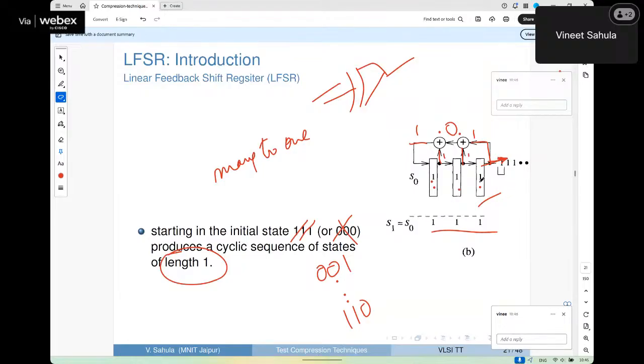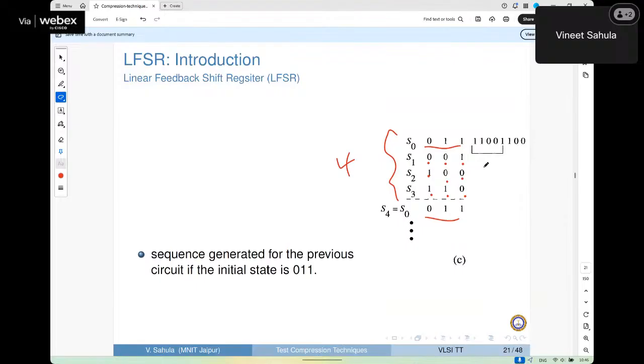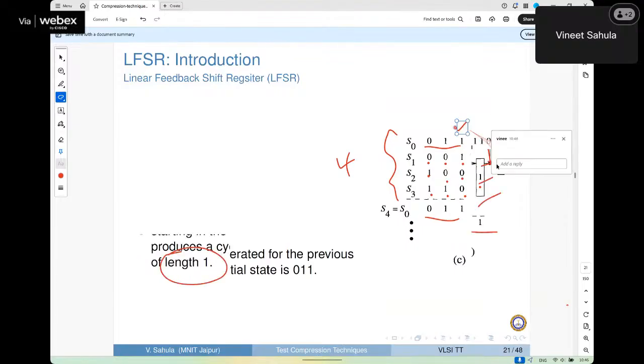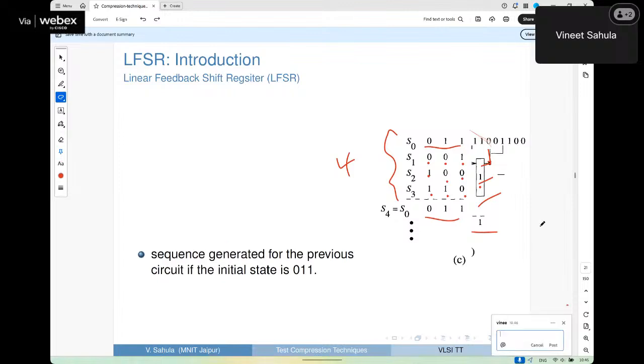If I look at that, in this scenario, this is 1, this is 1, 0 0, right? So 1 1 0 0 is my output.